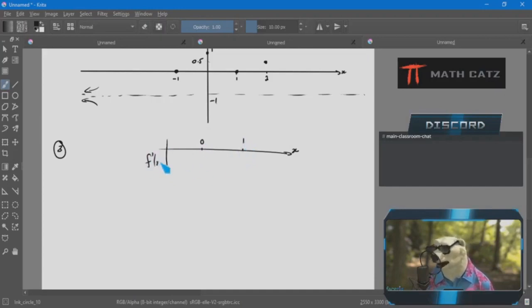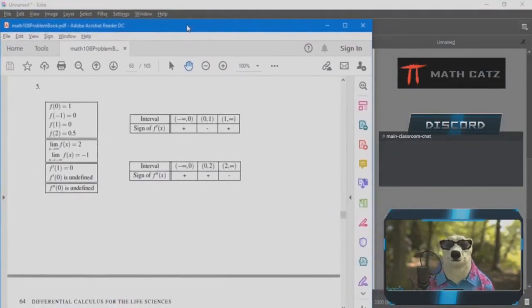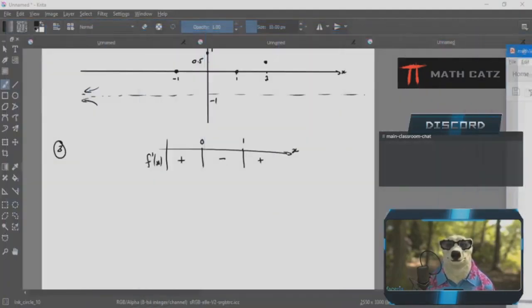It gives me the derivative and the signs of the derivative. I'm reading it off the question, of course: plus, minus, plus. But do check that I'm actually reading it correctly, since there may have been situations where I go too fast and not read what is right in front of me. So 0 and 1, plus, minus, plus.